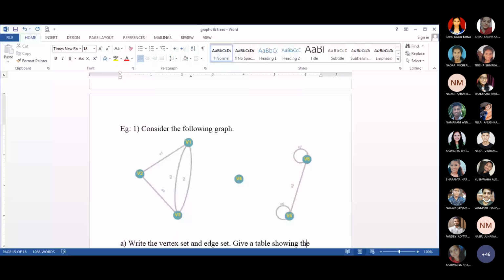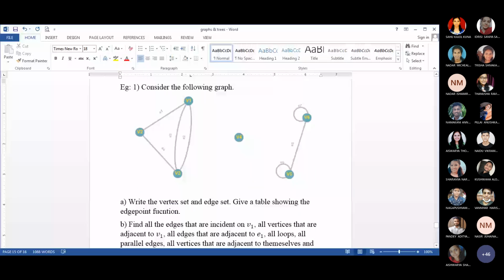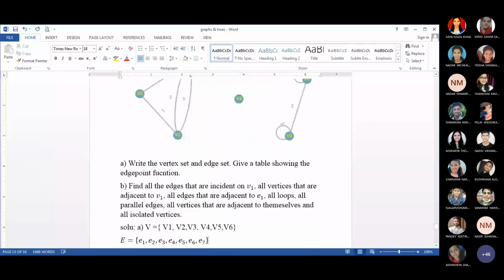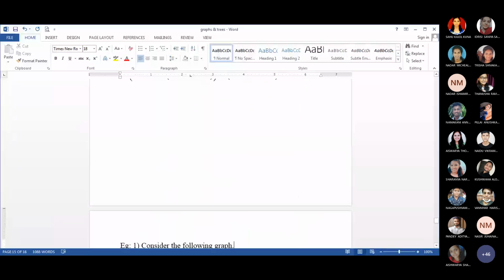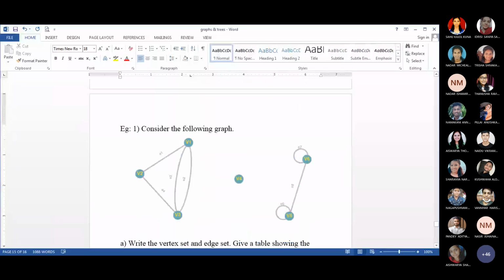Okay, now the first question: write the vertex set and edge set. Give a table showing the edge point function. That is the first thing. We have to write down the vertex set and the edge set. Vertex set means we write capital V. So in V we will have 6 elements: V1, V2, V3, V4, V5 and V6.